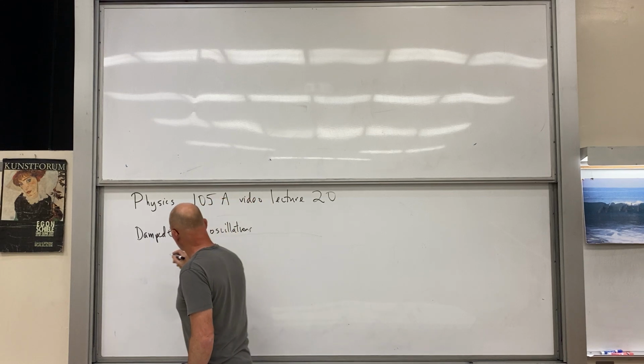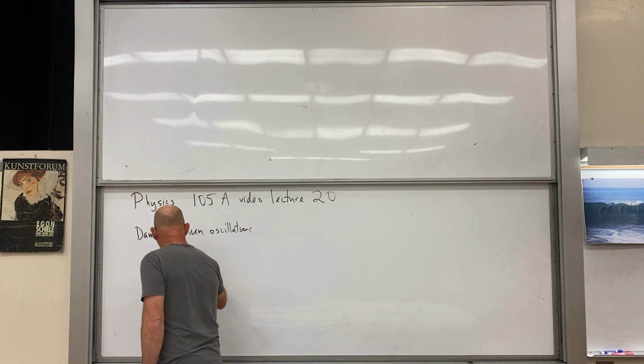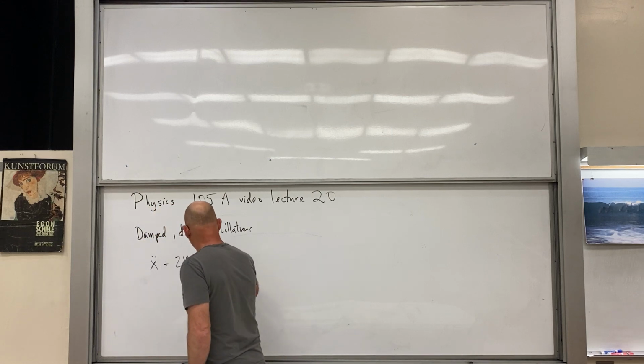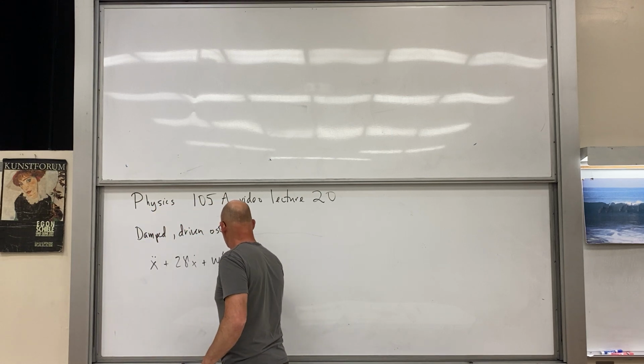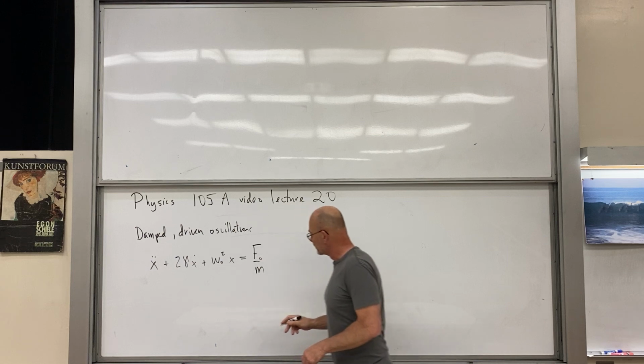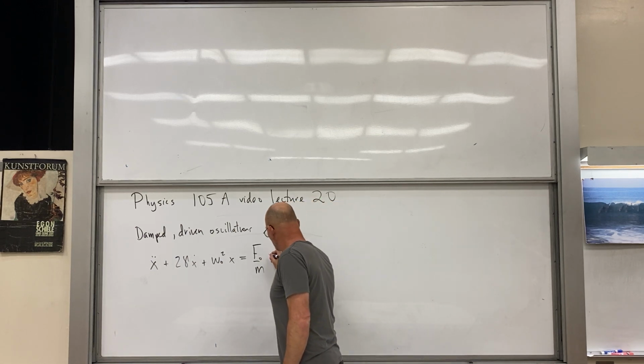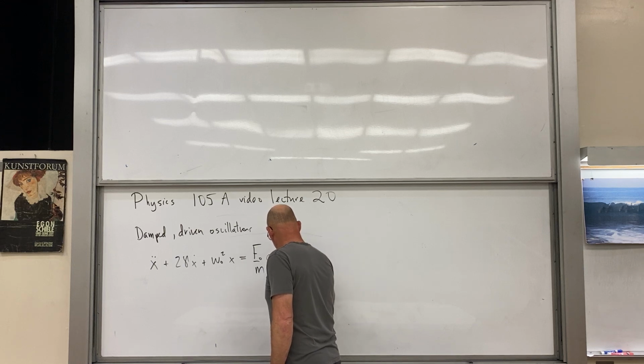Damped driven oscillations. Our differential equation we're used to now, equal to F naught over m. So the right side is the driving force function of time, and we are now using the cosine of omega t.